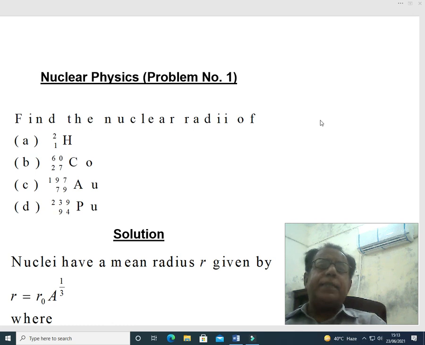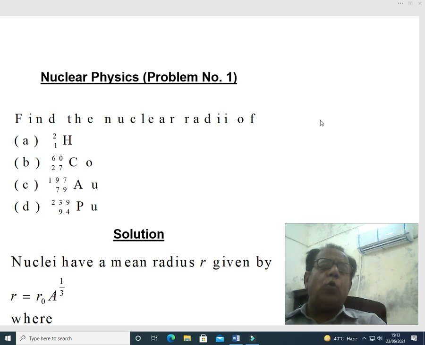So let us first come towards its statement. Statement of the problem: Find the nuclear radii of part A hydrogen, part B cobalt, part C gold (aurum), part D plutonium.